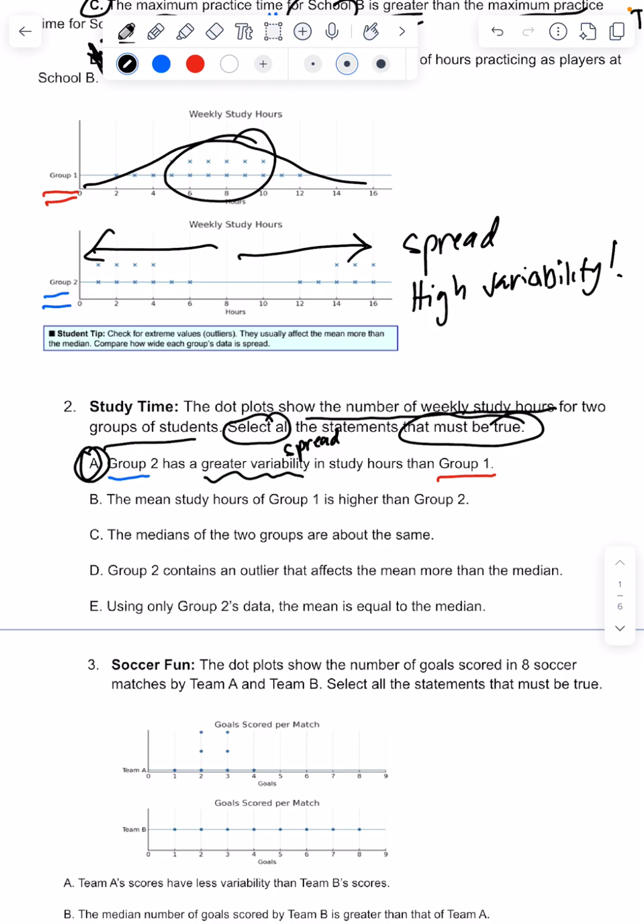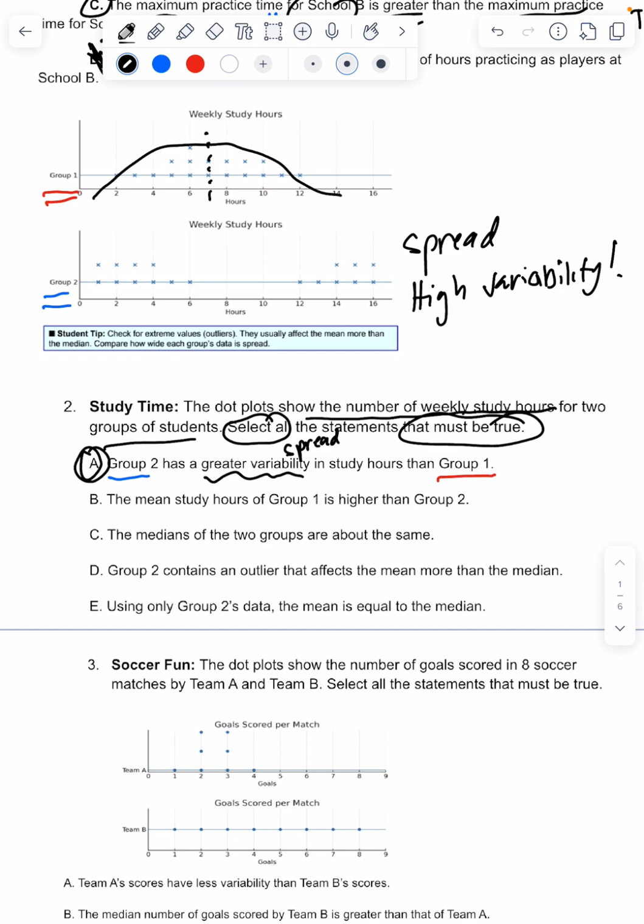Now looking at the second one, the mean study hours of group 1 is higher than group 2. Sorry, let me just erase that. The way that we could approach this one is one of 2 ways. We should be able to look at the data, and we see that most of it is pretty symmetric.